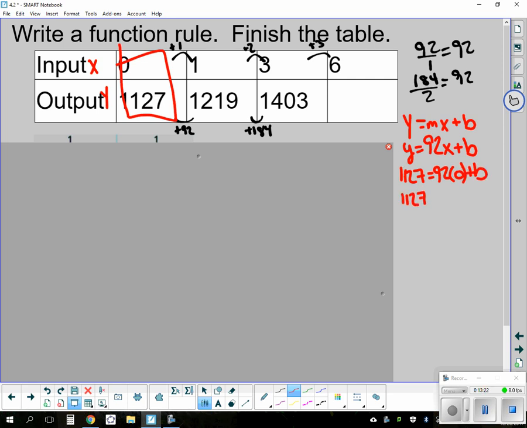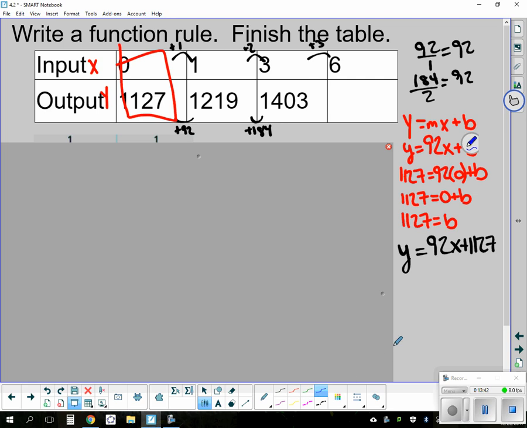So 1127 equals, well, this would be 0, and 0 plus b is just b. So that tells me that my b is 1127. That means my final equation for that problem is y equals 92x plus 1127.